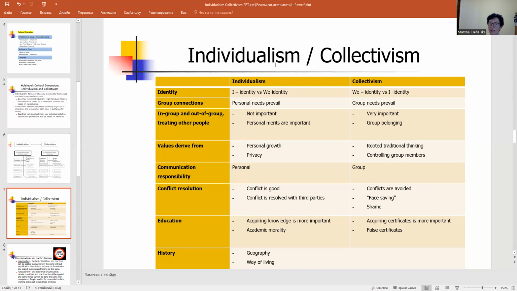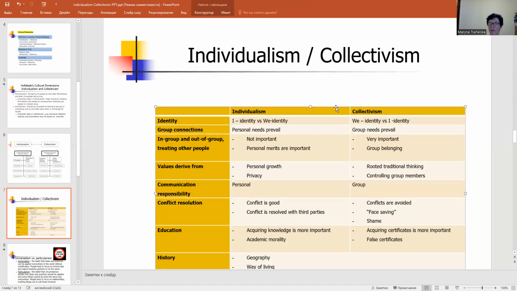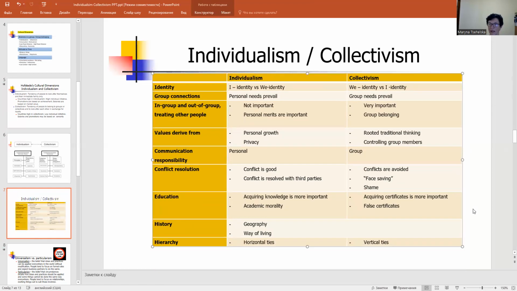In education, in individualism, it is very important to get knowledge from education, and academic morality is really high. While in collectivism, certificates are more important, and very often we may see that there may be false certificates that people may get.